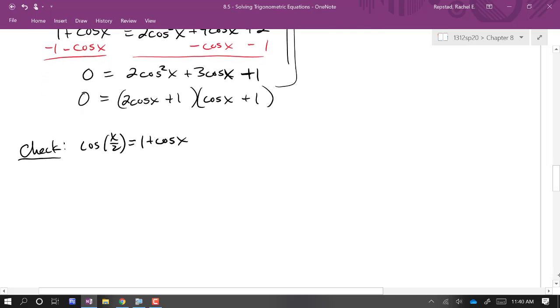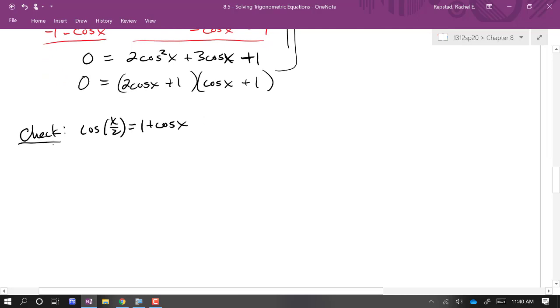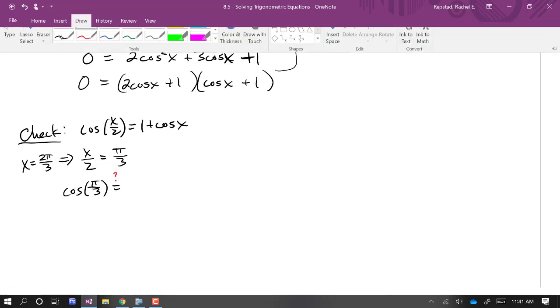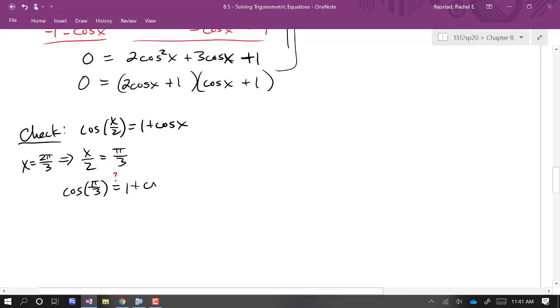We'll start with 2 pi over 3. If x is 2 pi over 3, that means that x over 2, half of that, is pi over 3. And now what I'm going to check is the left side, cosine pi over 3. Is this equal to 1 plus cosine of 2 pi over 3?